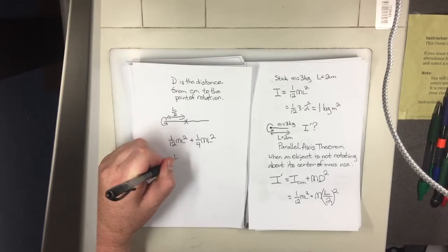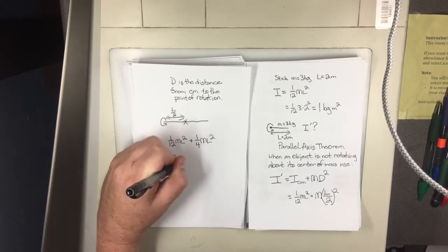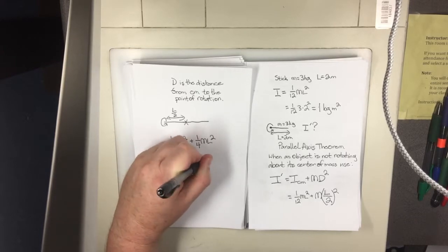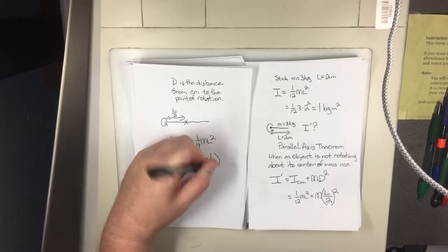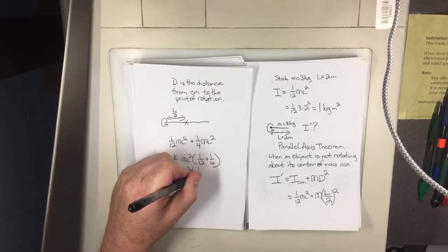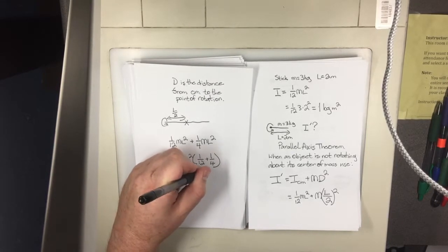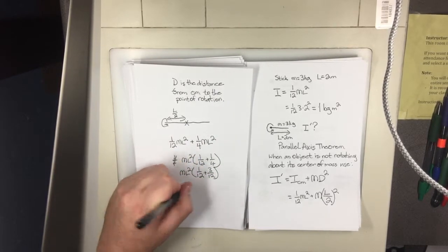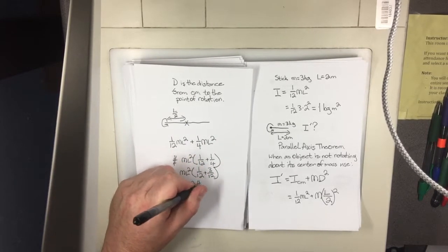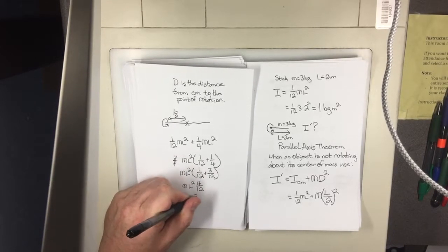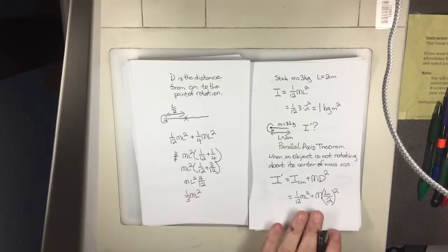Actually, I can factor out the ml squared. ml squared times 1/12 plus 1/4. ml squared times 1/12 plus 3/12. ml squared times 4/12, or 1/3 ml squared. And so that is the moment of inertia of a stick.